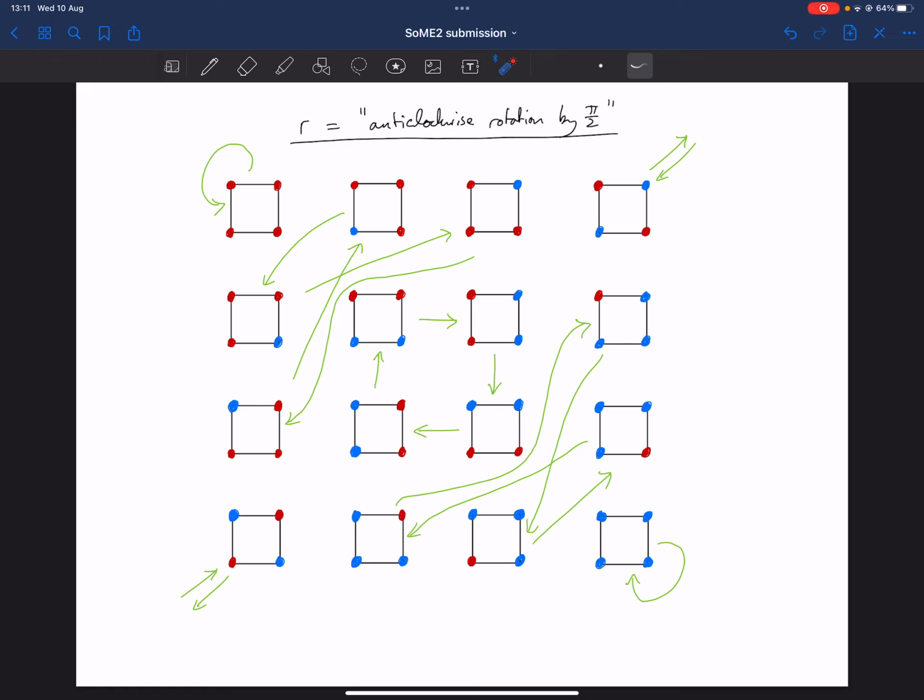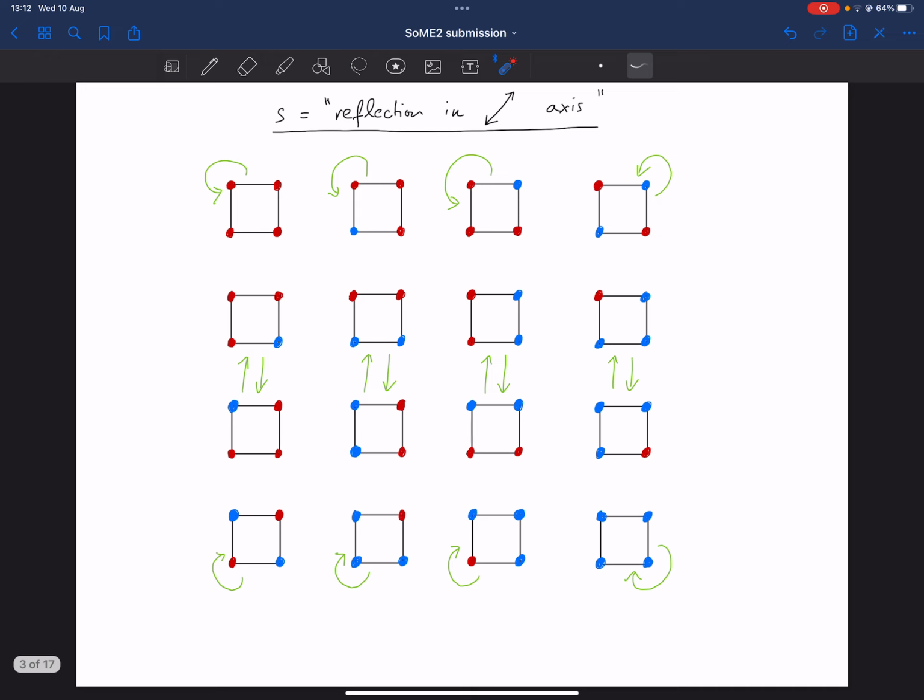The only other thing to say is this top right square, if we imagine rotating it, we would end up with blue corners on the top left corner and the bottom right corner, and red corners on the other two, which is this one down here. That's what these arrows are getting at. So this square is mapped to this one, and vice versa, this one is mapped up here.